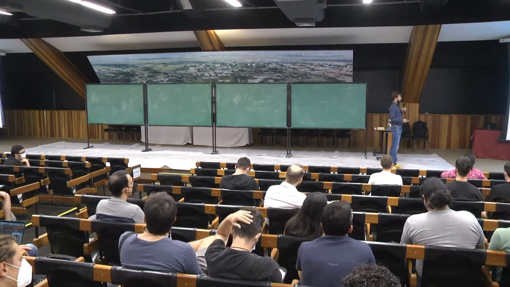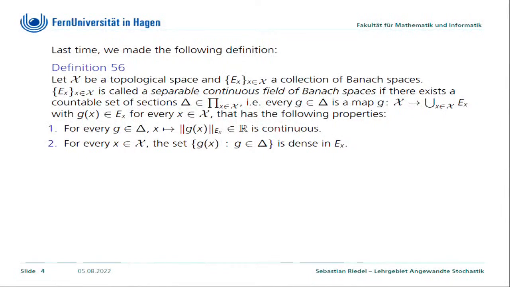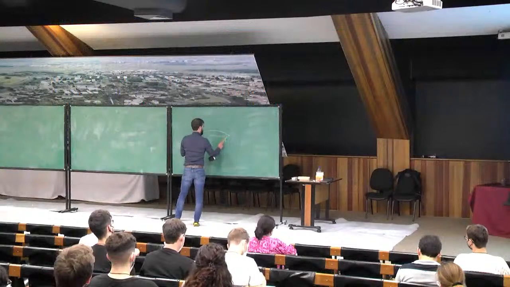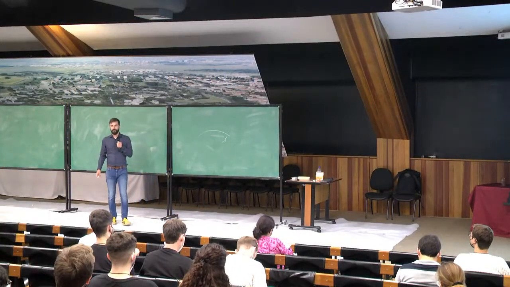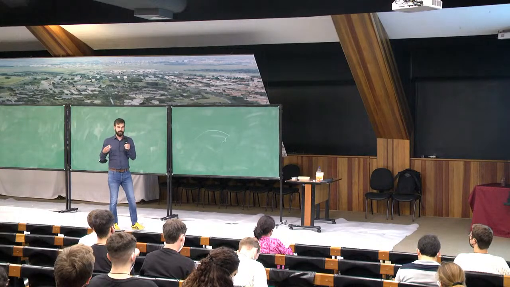Okay, so here I recall the definition from last time, because I don't think that you worked with that before. A continuous field of Banach spaces: you have a topological space, which in our applications will be the rough path space, which is even a metric space.